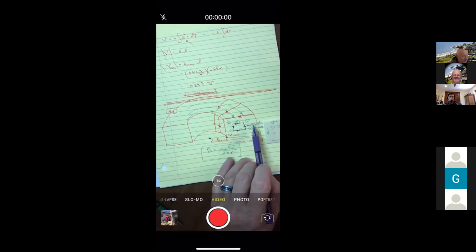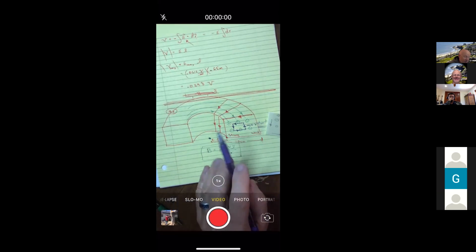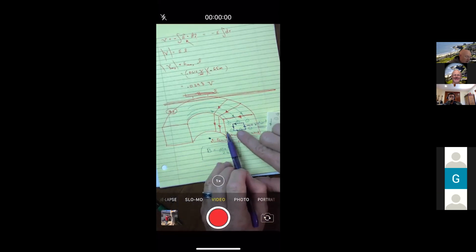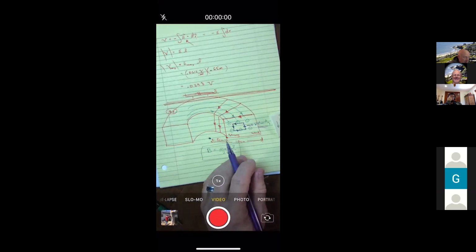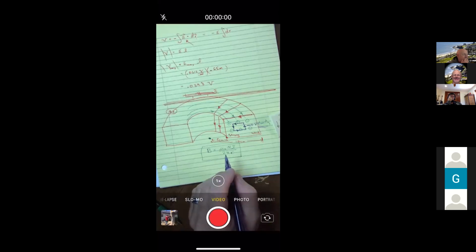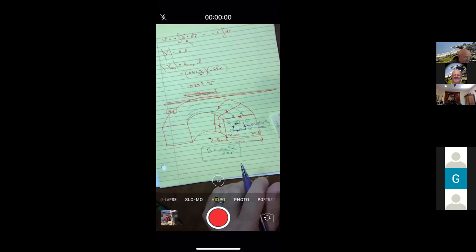So the secondary flux, because the primary flux is getting reduced down. So a lot of flux from the primary, a lot down to a little. And to make up for that, it would be flowing in this counterclockwise direction. So there's the part that says, okay, what is its direction?